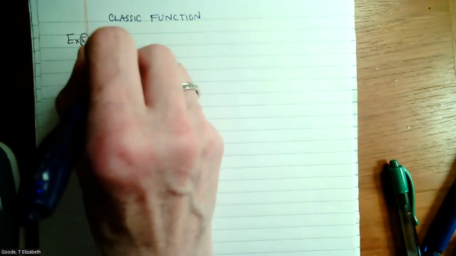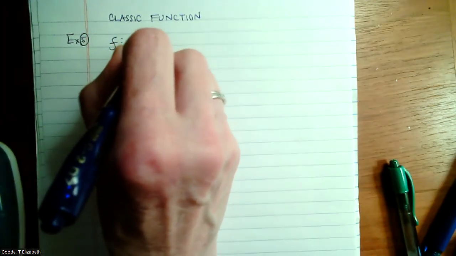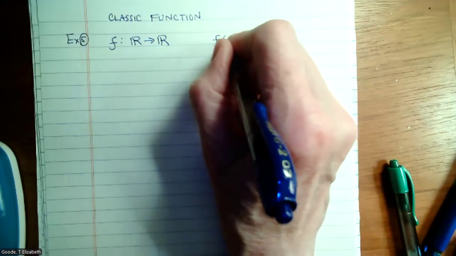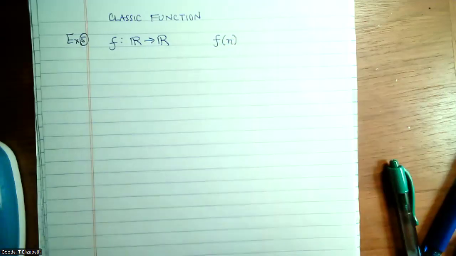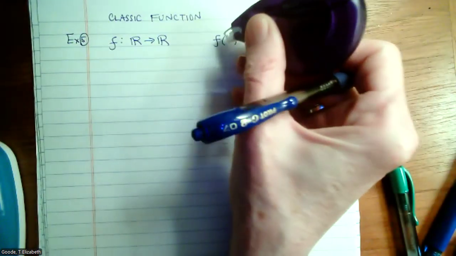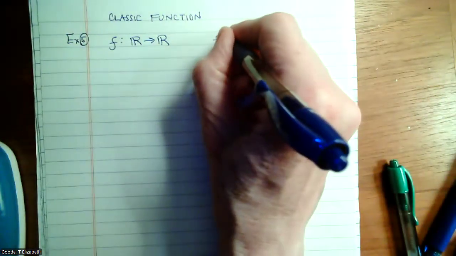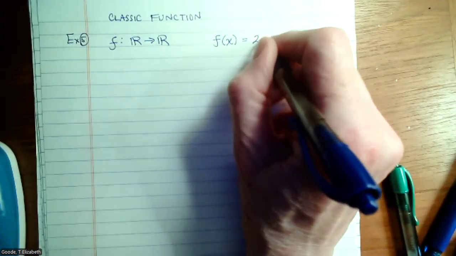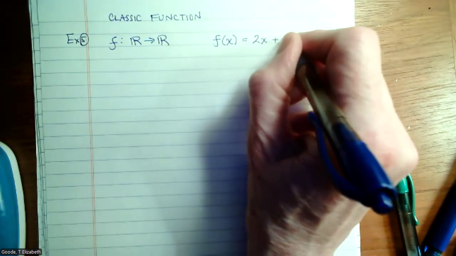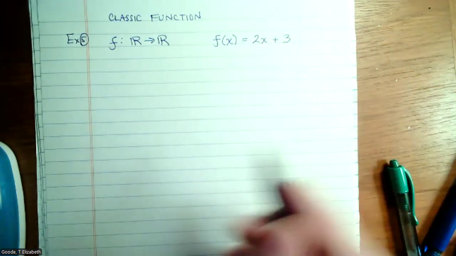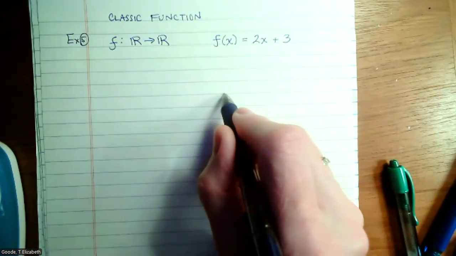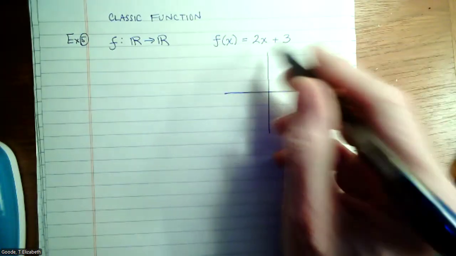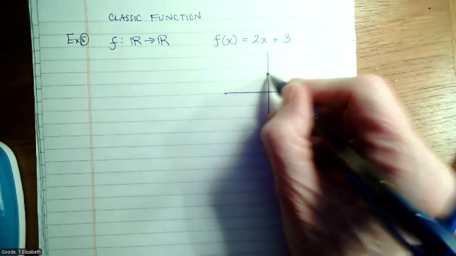All right, so let's say f is going to map from the reals to the reals, and let's say f of x, because it's reals, equals, say, 2x plus 3. So if we graph that, it's just a line that has slope of 2 and y-intercept 3.